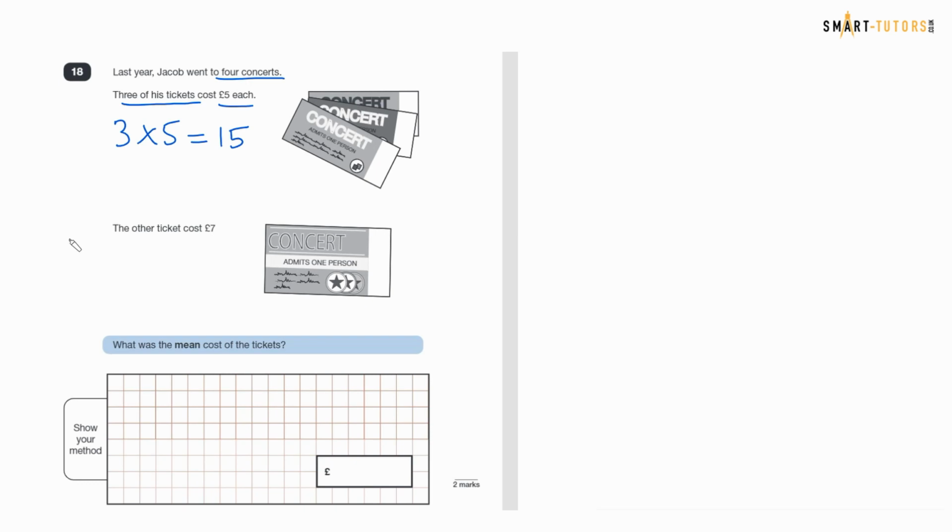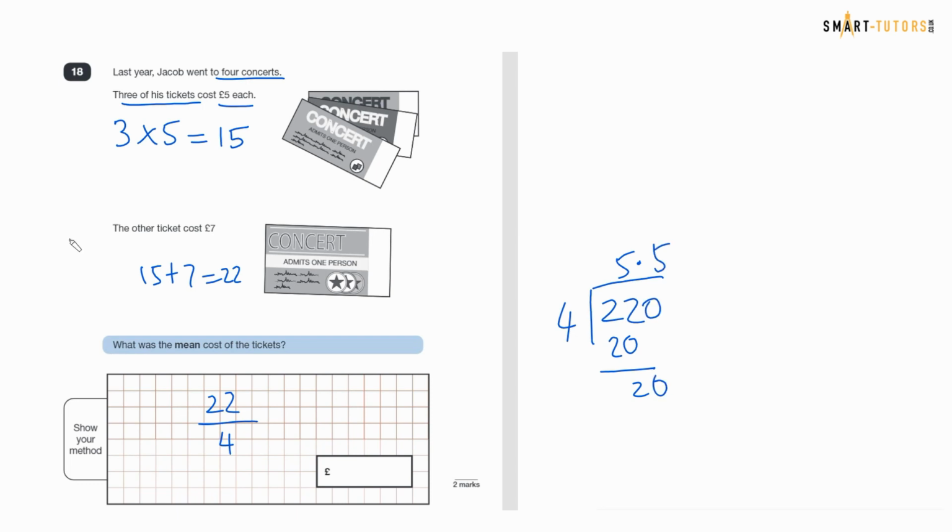And then you need to add 7 to 15, which equals 22. Very good. And then you need to do 22 pounds divided by 4, which equals £5.50. That is £5.50, the mean ticket price.